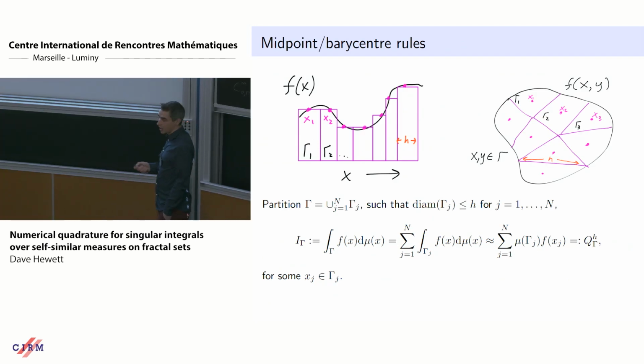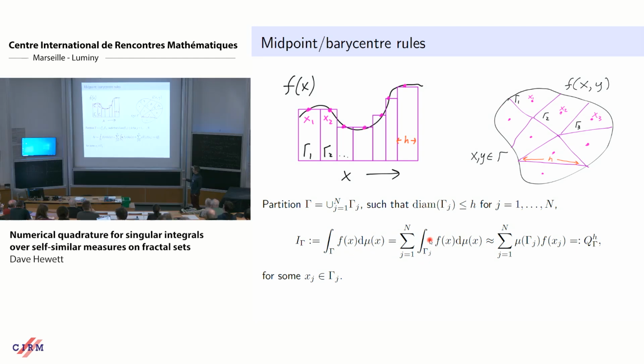We're going to apply a composite midpoint rule or barycenter rule, and the basic idea is that you take your integration domain and decompose it into subsets with maximum diameter less than some number h. Then you split your integral, with respect to whatever measure you're working with, as a sum of integrals over the sub-elements, and each one you approximate by a simple one-point quadrature rule.